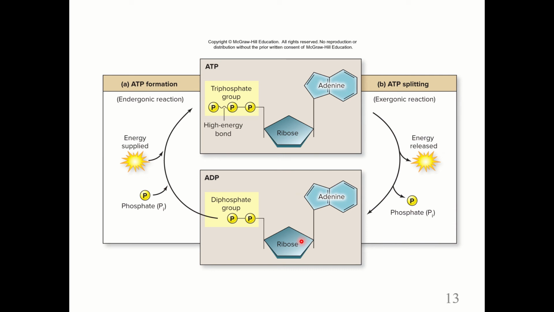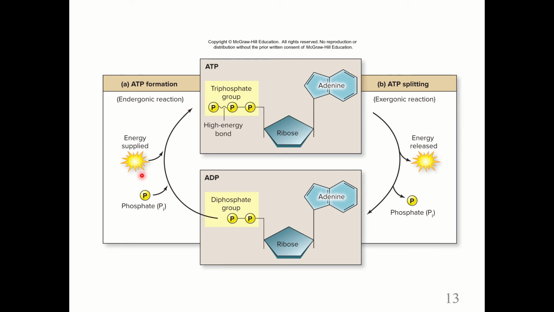Adenosine diphosphate must then be rejoined to another inorganic phosphate to form ATP so that it can continue the cycle. It takes energy to join the inorganic phosphate back to an adenosine diphosphate molecule.